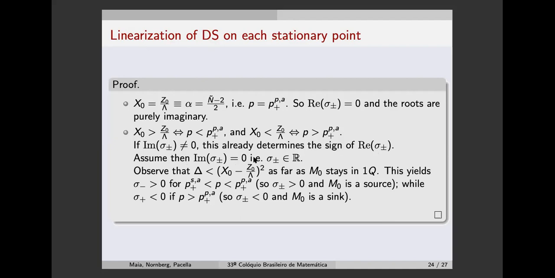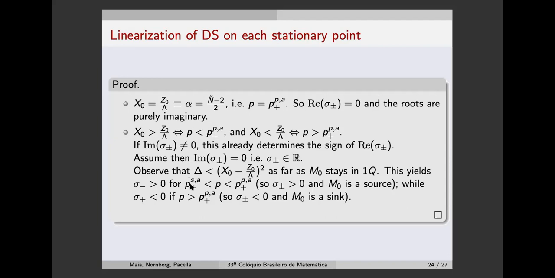Assume the imaginary part is 0, the roots of the characteristic polynomial are real, you have real eigenvalues, and then we can study what happens to M0. In the first quadrant, this situation is going to give that if sigma plus minus are positive, M0 is a source. And this happens in between p_sa and p_pa.